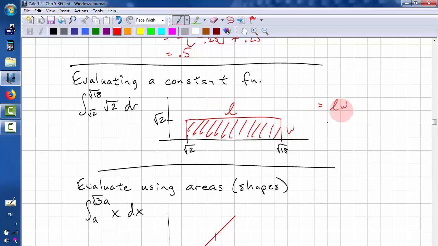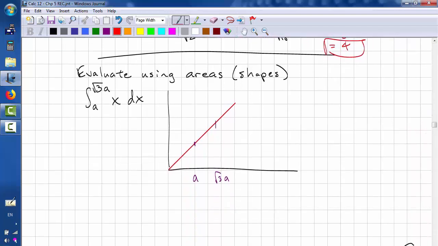So length times width is √18 minus √2 times √2. This gives us √36 minus 2. This is 6 minus 2, and that's 4. And that's an exact value.